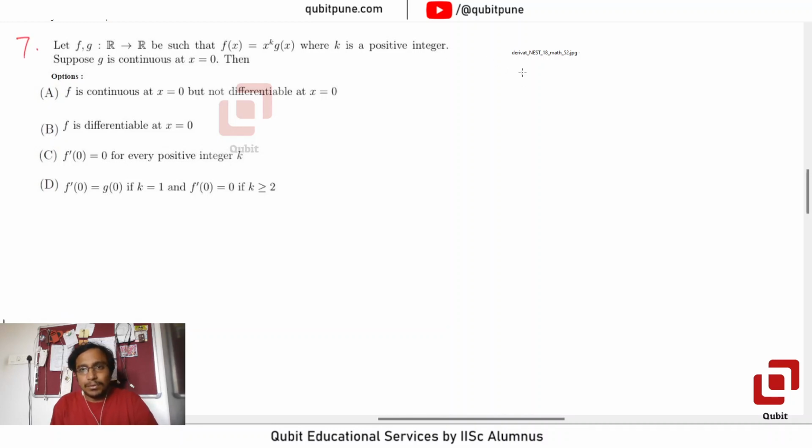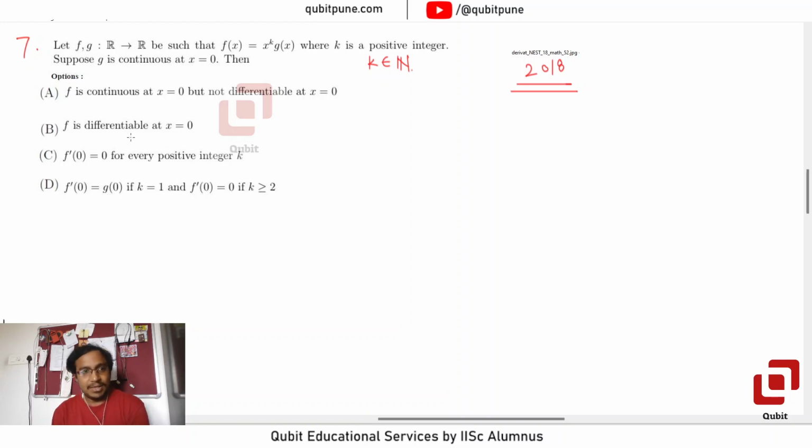This is from 2018. Let f and g from R to R be such that f of x is equal to x raised to k into g of x, where k is a positive integer. That means k is a natural number. Suppose g is continuous at x equal to 0, then option A, f is continuous at 0 but not differentiable at 0.